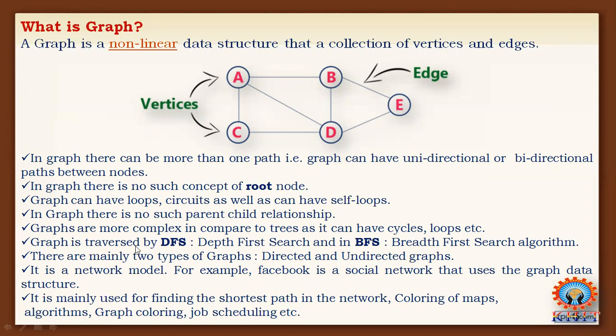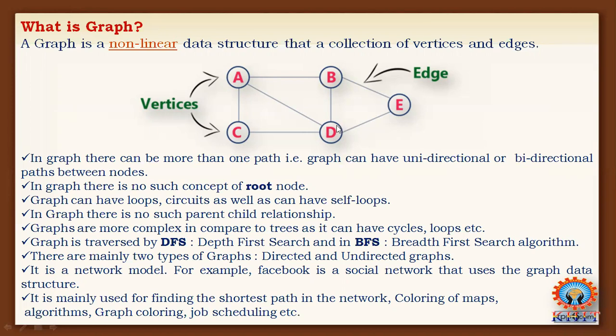A graph is traversed by DFS, depth first search, and BFS, breadth first search. There are mainly two types of graphs, namely one is the directed graph, another one is the undirected graph. What is meant by directed and undirected graph, we will discuss in the next slide.